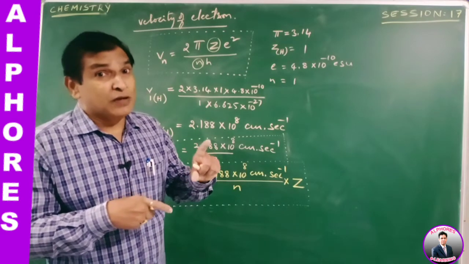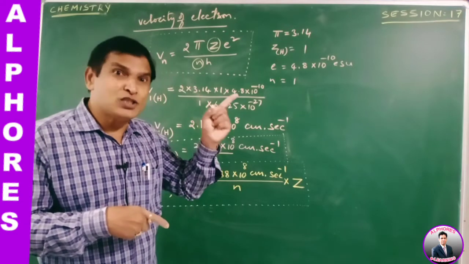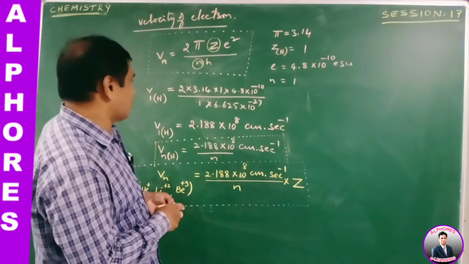That is, n equals 3, third orbit only, per second. That is the question for us now.